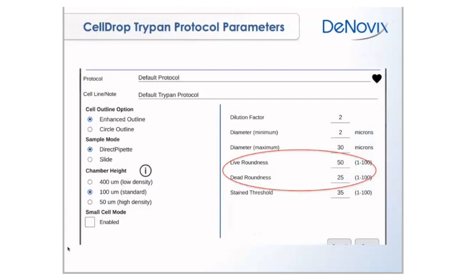So the next parameter I want to talk about is what we call roundness. So I mentioned that's a score of how much something looks like a cell to our algorithms. And what it's looking for there is how basically circular is the object, how much of a circle is the object, and how complete is the outline around that object, to get counted as either a live or a dead cell.